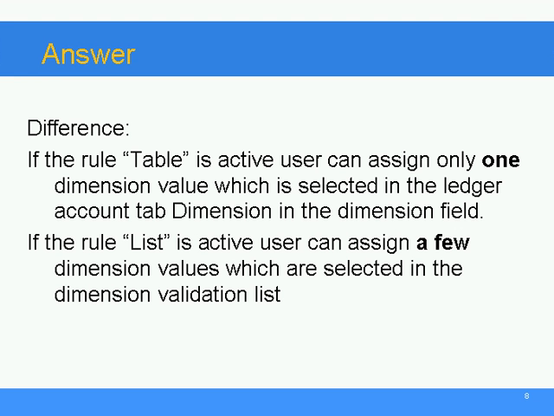So if you want the system controlling only based on one dimension value, you need to set up the rule table.